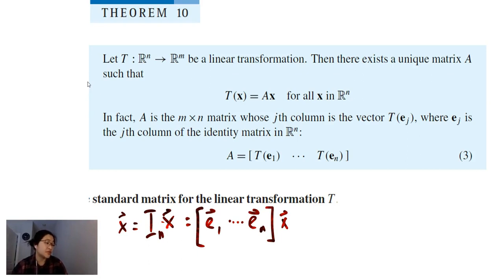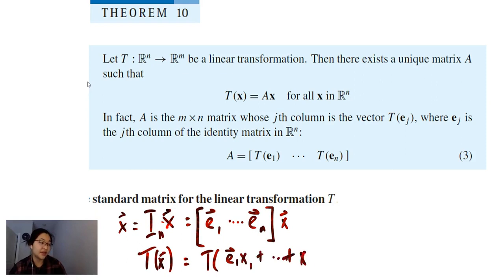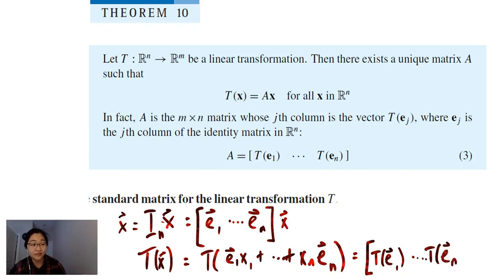And so if we're taking our transformation on this x, it is going to be the same as our linear transformation on our weighted E columns. So we have that times x1, and adding up that with xn times En, and then we can write this as our transformation on E1 to our transformation on En, all multiplied by our x1 to xn's.